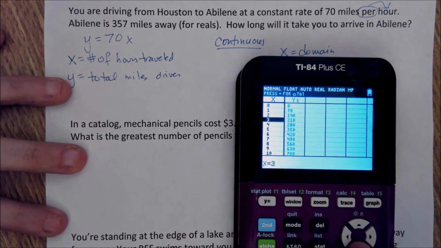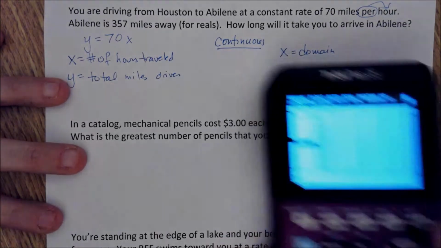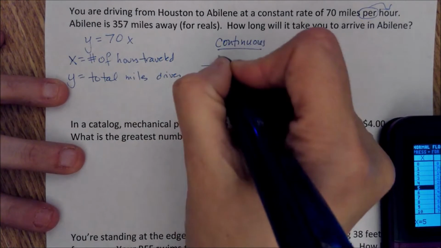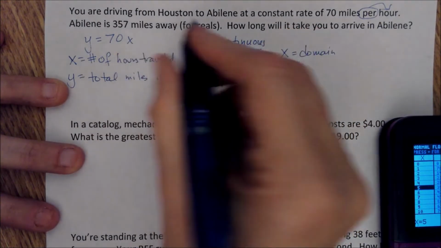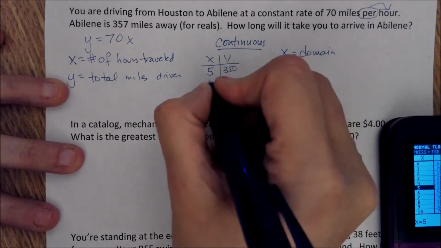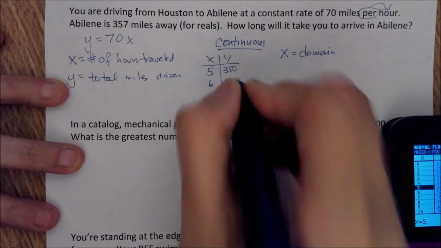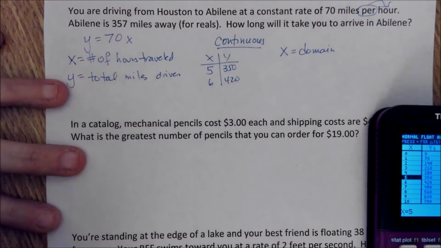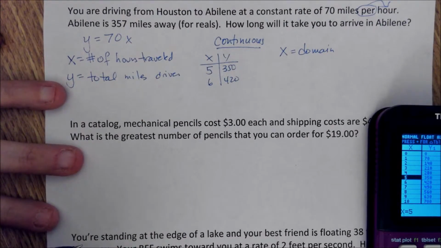And it takes me 357 miles. Now here comes a problem. When I look at the table for this data, at 5 hours, I'm 350 miles away. And at 6 hours, I'm 420 miles away. So I don't get exactly 357 miles.